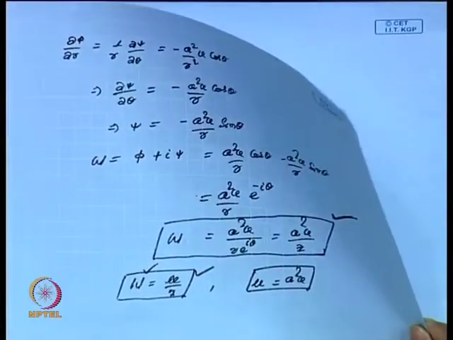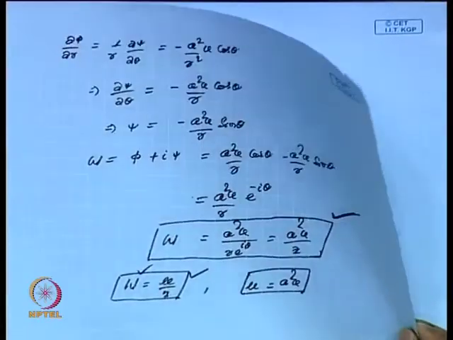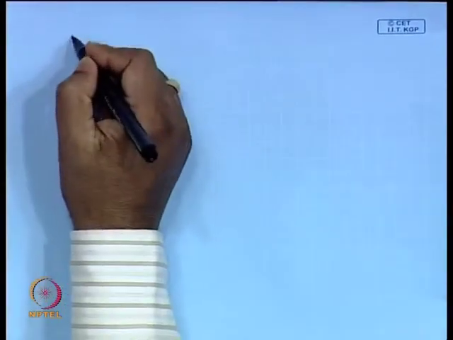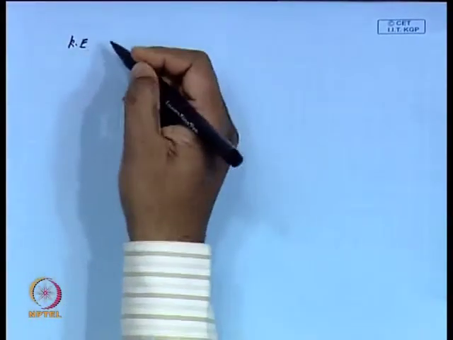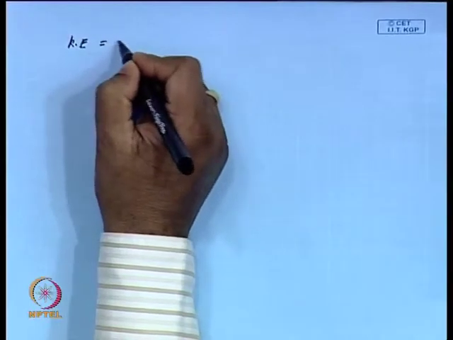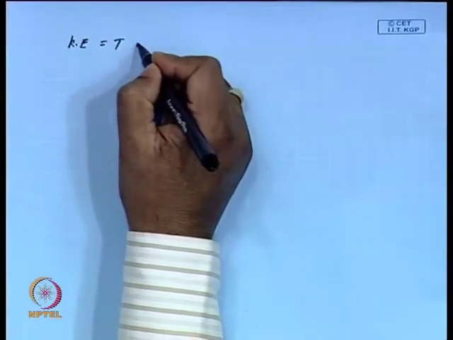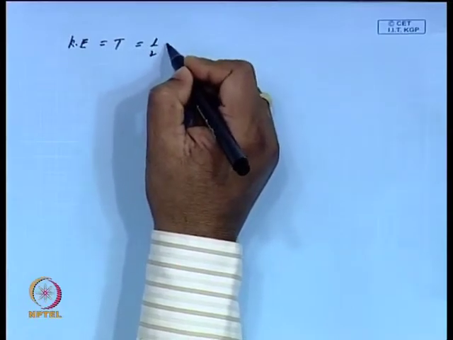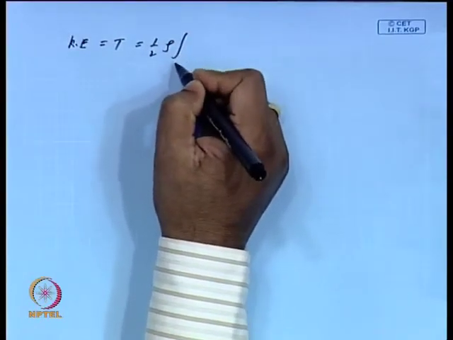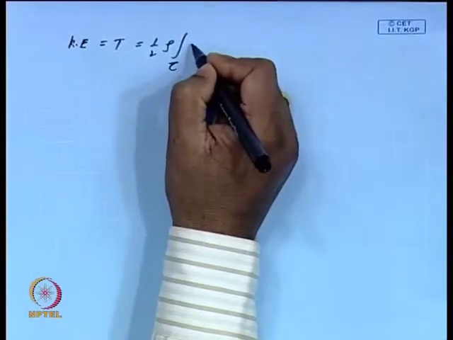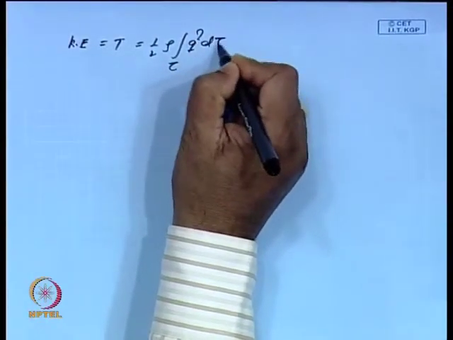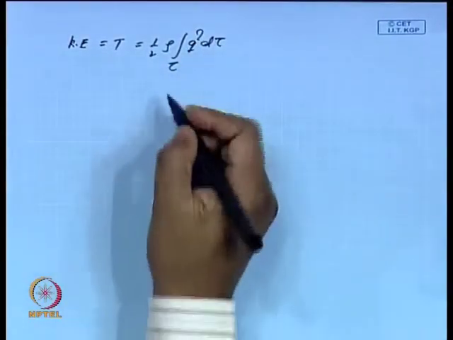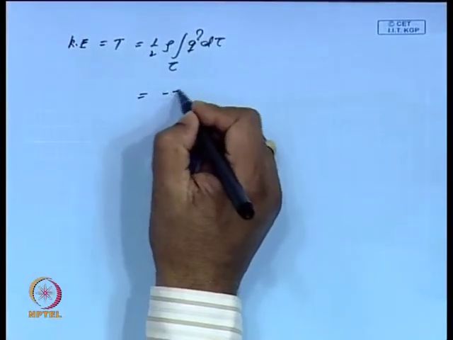Now, with this let me analyze what is happening to the energy associated with the flow. Basically if you look at the kinetic energy, because this will give us a very interesting result, the kinetic energy, if I call it T, that will be 1/2 ρ integral over this, I had done it earlier, but let me just repeat it, q² dτ, and this can be written as minus ρ/2 integral φ ∂φ/∂n dS.